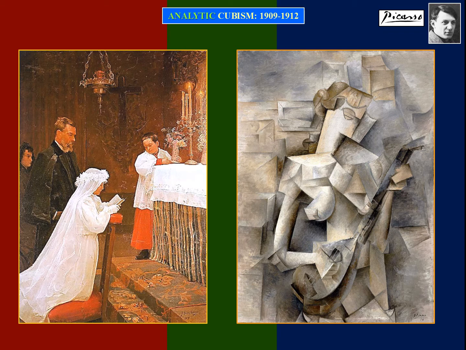Here we have an example of analytic cubism on the right. The way things would work between Braque and Picasso, the two inventors of Cubism, is they would challenge and push each other to take the experiment even further.